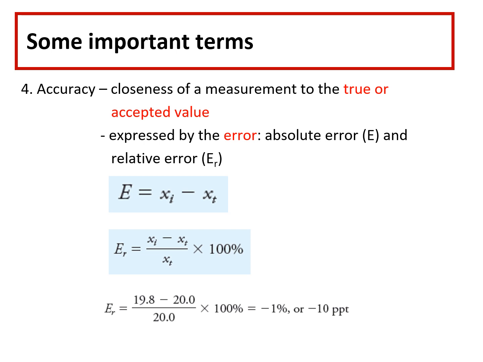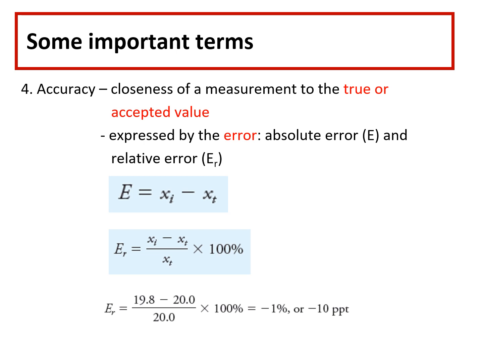Absolute error is denoted by the uppercase letter E, and it is calculated by the formula given in the slide: x sub i minus x sub t, where x sub i is the given experimental data, and x sub t is the true or accepted value. In the analysis described earlier, the accepted value is 20 ppm, because that's the target.